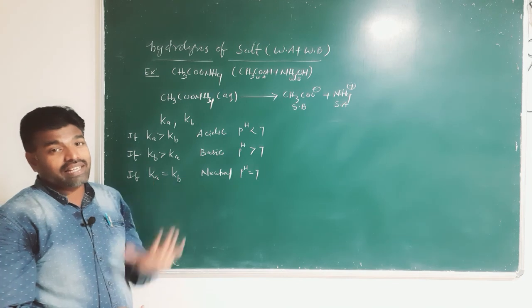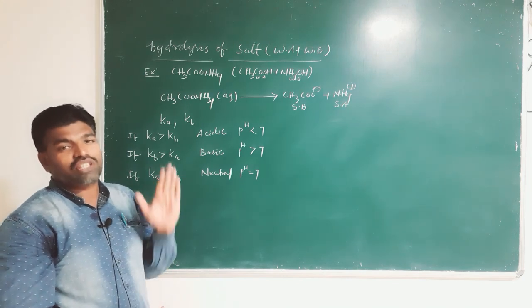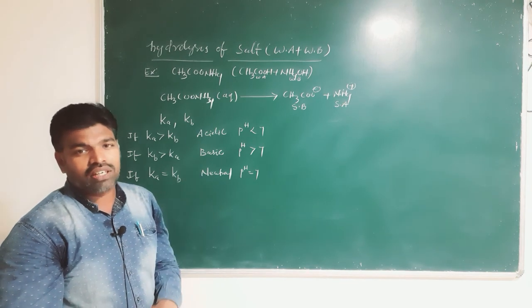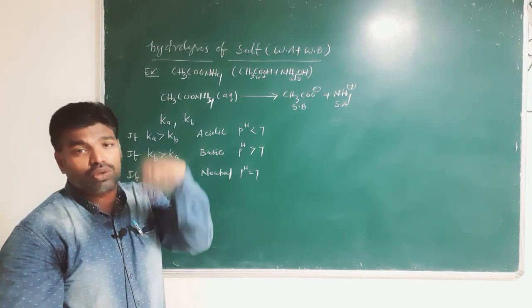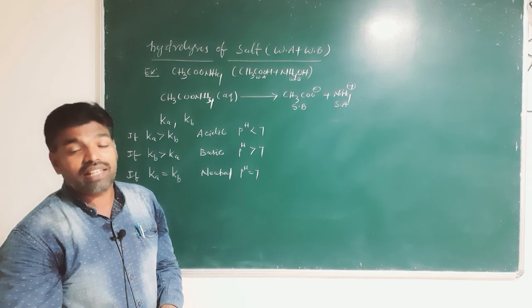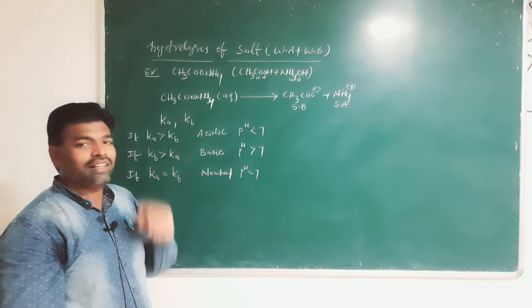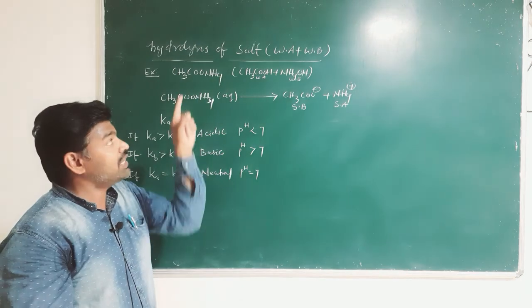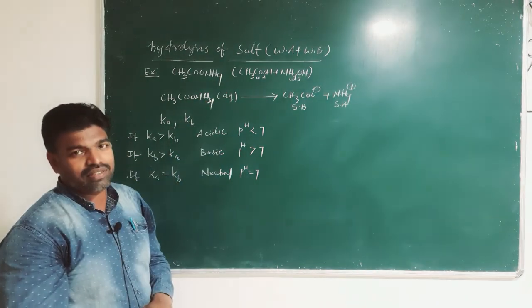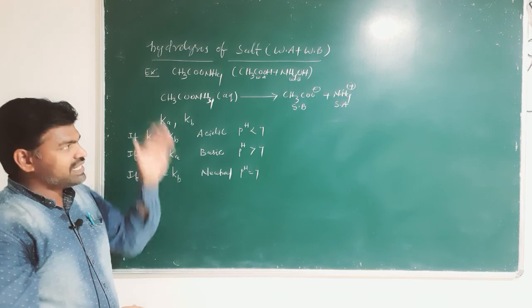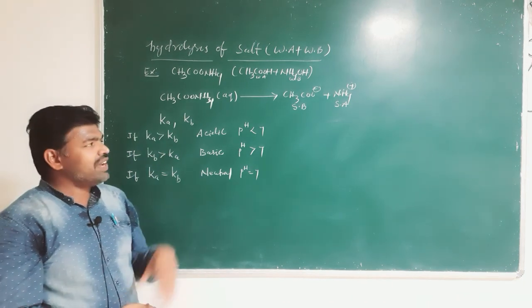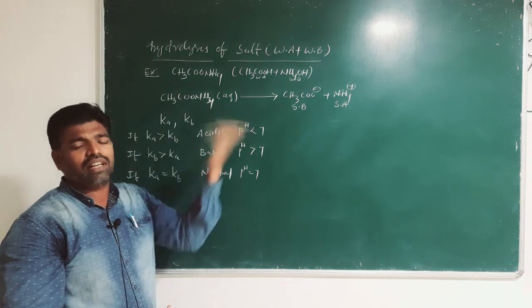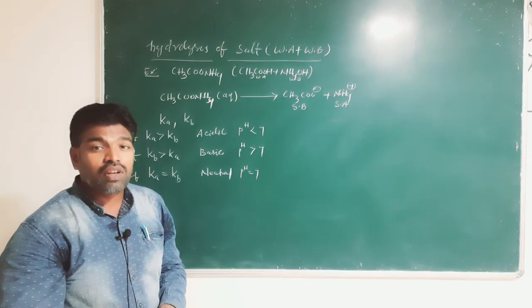But in the earlier cases, whichever is strong in the combination of salt, that strongness is ascribed to the resulting salt solution. That does not happen in the case of salt derived from weak acid and weak base. Let us derive it: when we add water to ammonium acetate, that results in a salt solution.